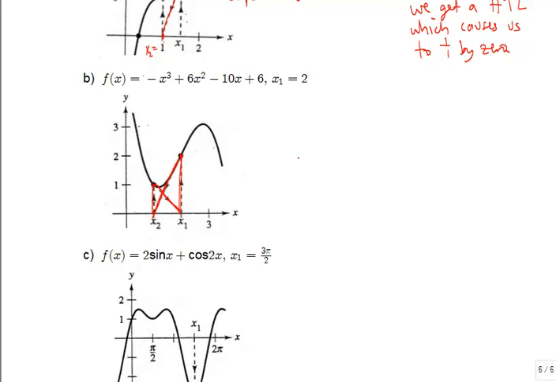So if you were to write out what this sequence would look like, we would have x sub 1 for our first guess, then x sub 2 would be the second guess, and then we're back to x sub 1, back to x sub 2, back to x sub 1, and so forth. So this sequence alternates between x sub 1 and x sub 2. And obviously that's not going to converge to a 0.